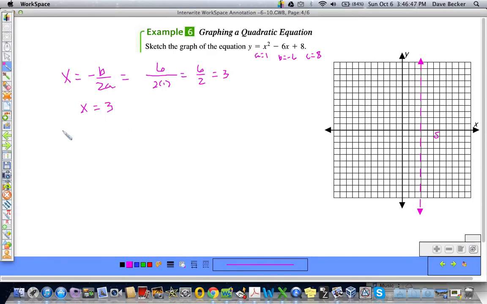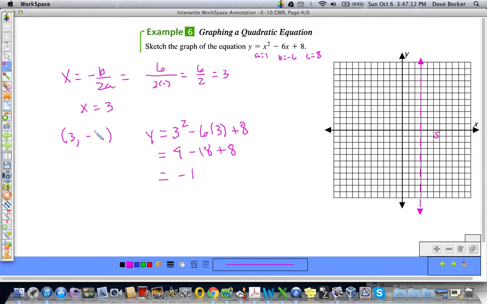Well, where is it going to lie on it? Well, I know that the x-coordinate is 3, so for the y-coordinate I'm going to replace every x in here with 3, and I get 3 squared minus 6 times 3 plus 8, so this is going to be 9 minus 18 plus 8, which is going to be -1.